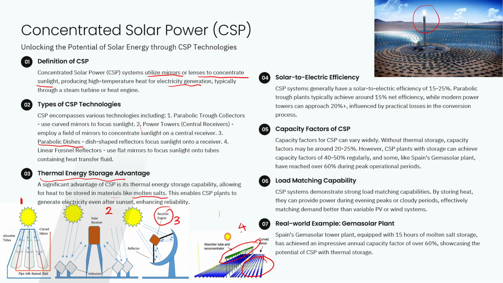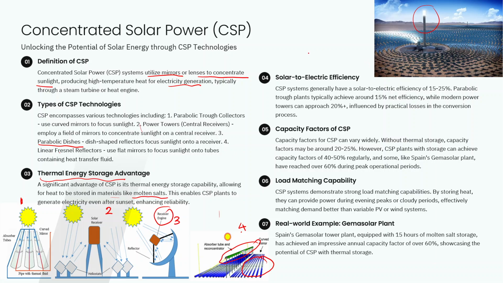So this will overcome one of the issues that we had in the PV system, and it will allow concentrated solar power plants to generate electricity even after sunset, which basically enhances the reliability of the system.